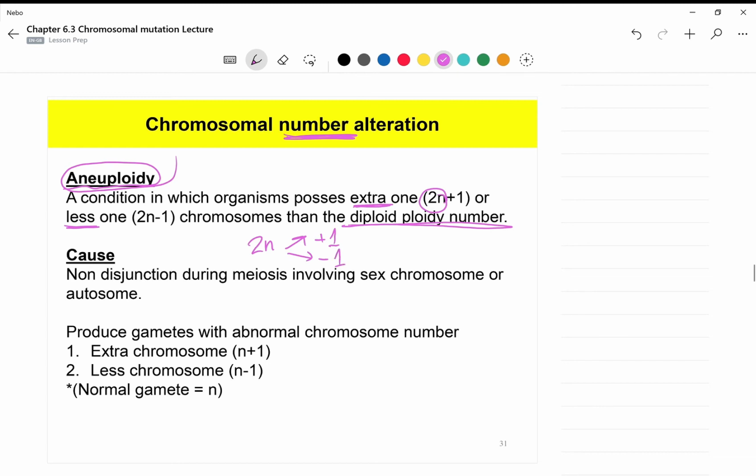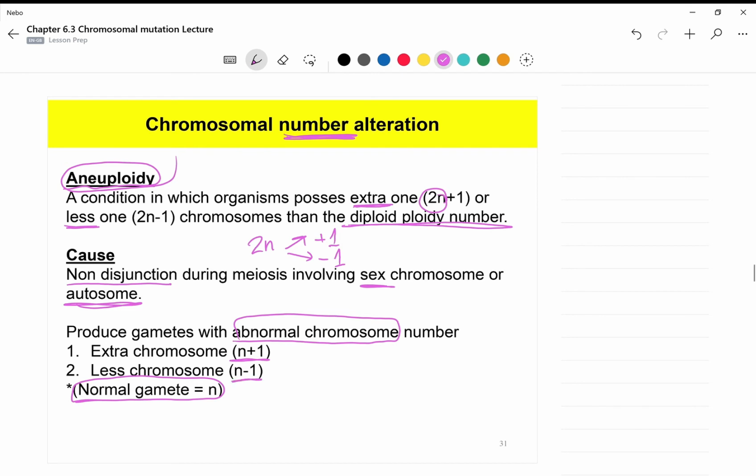The cause of aneuploidy is the famous non-disjunction that happens during meiosis. It can happen in either a sex chromosome or an autosome. This non-disjunction can produce gametes with abnormal chromosome numbers. The normal gamete would have n. But if you gain one chromosome, you write it as n plus 1, or if you lose one chromosome, you write it as n minus 1.